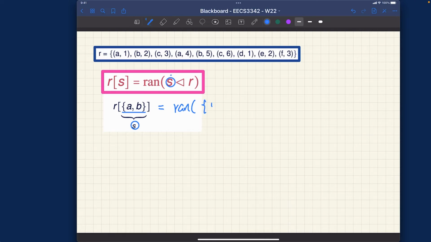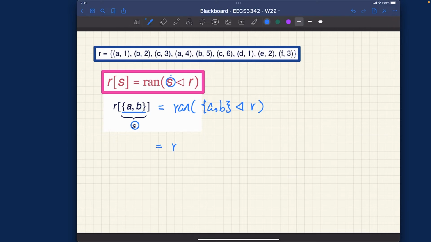Let me write it down. AB is going to be what we want to restrict the domain of R into. And so that'll be domain restriction and then R over here. Right? Hopefully so far so good. All I did was to apply the definition over here and replace S by this particular input for the relational image. Right? And let's now try to go further.